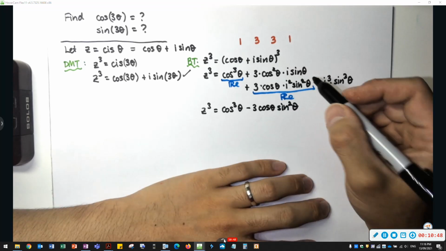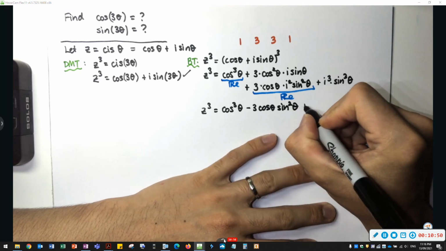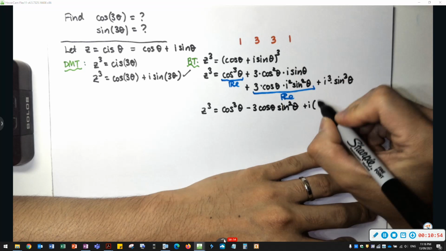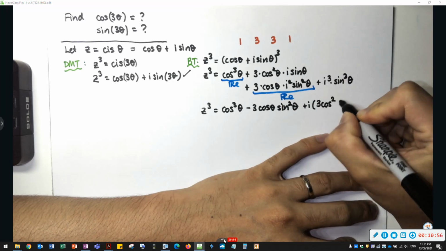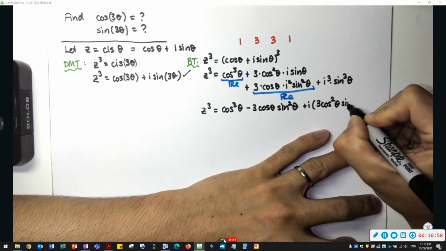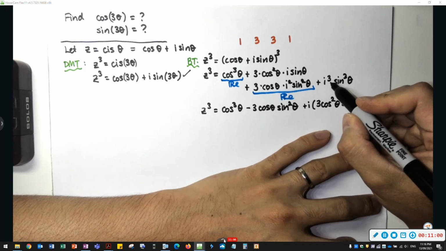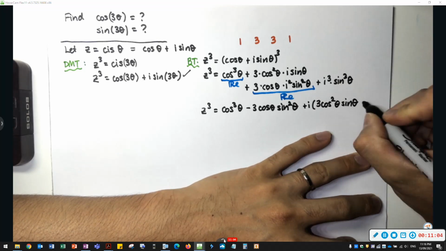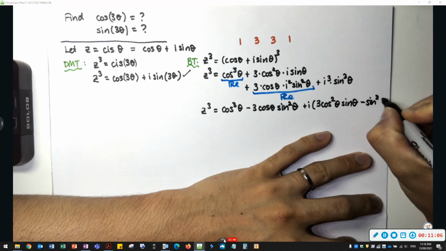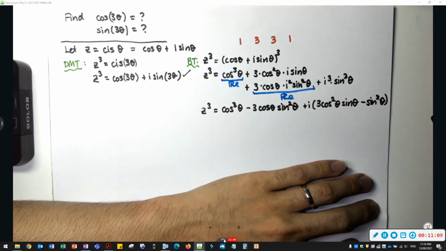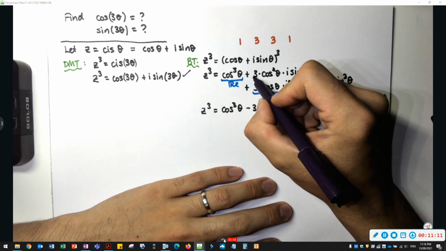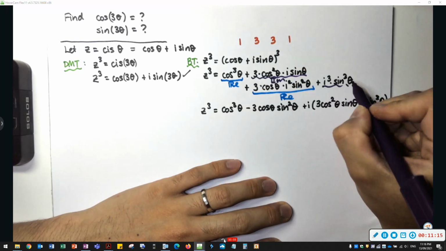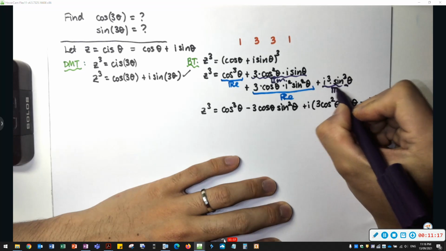Okay, imaginary parts. So plus i, this will be 3 cos squared theta sine theta, and this is i cubed, so you just take one of the i squareds out, so it would be minus sine cubed theta. Okay, so we'll just mark that in. So this is the imaginary part, and this is the imaginary part.